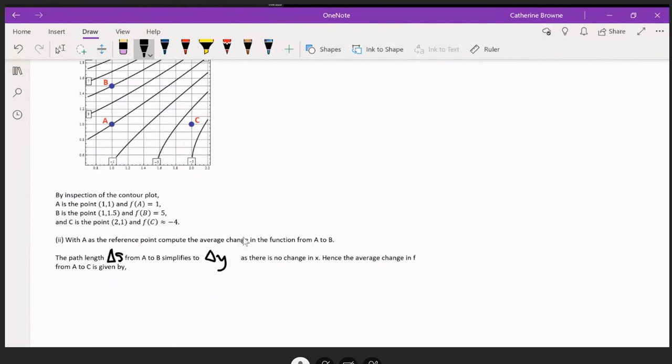So, when you've got the change in s equal to the square root of the change in x squared plus the change in y squared, if one of these is 0, then the change in s is just equal to the change in x or the change in y.